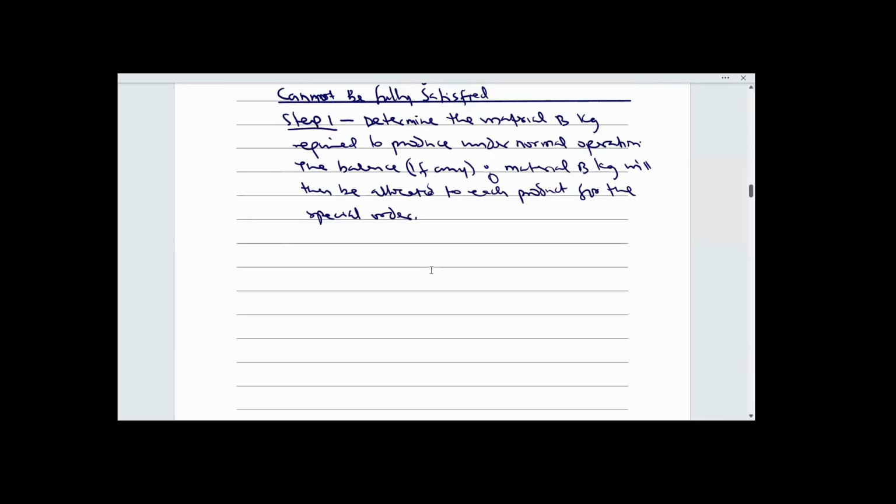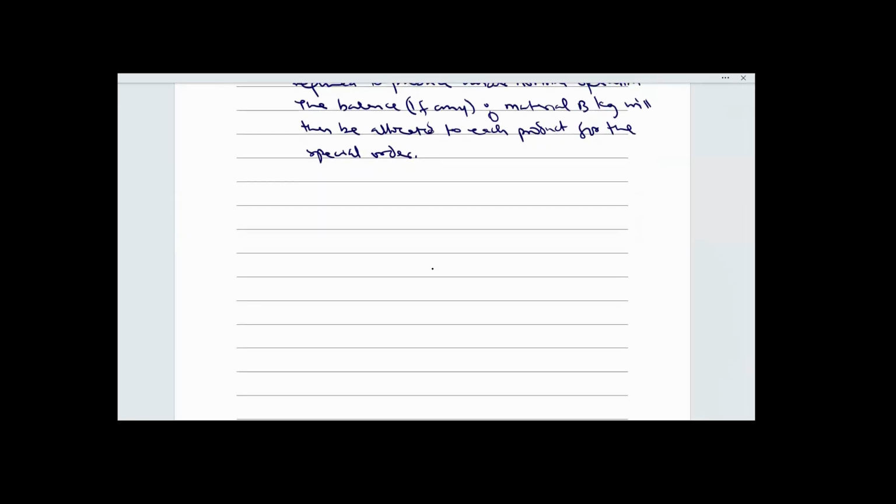So quickly, I will come here, calculating or determining material B kilogram required for normal operation.